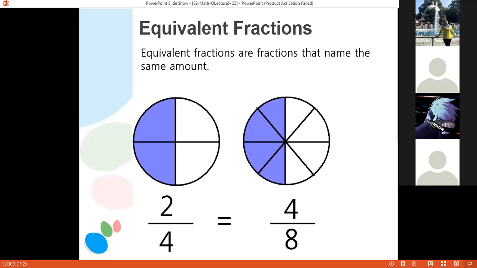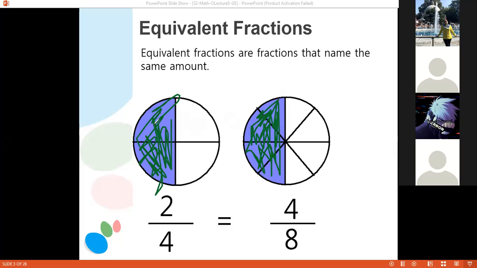But if you just look at the 2 circles, you can see that the same amount is colored in both circles, right? Do you agree that in both cases I colored half the circle?